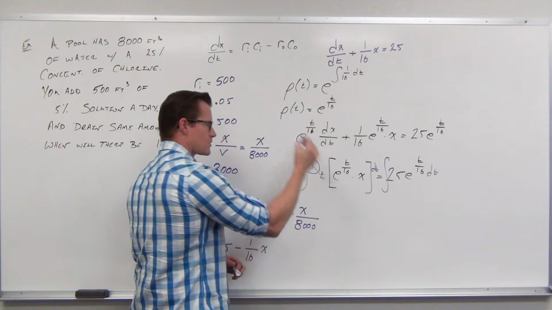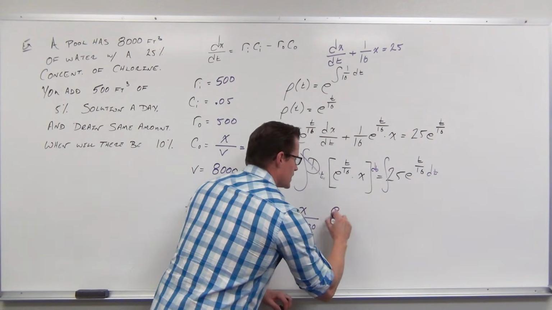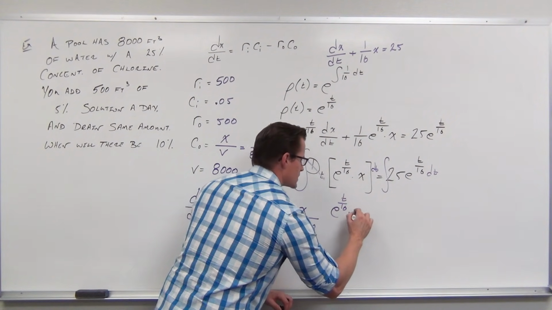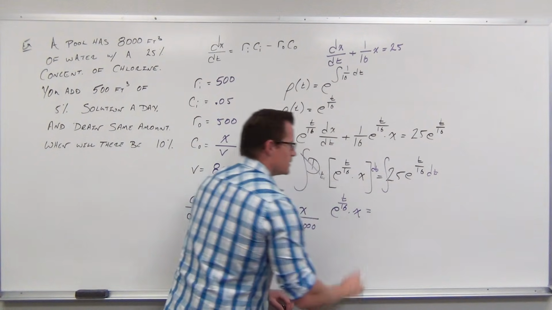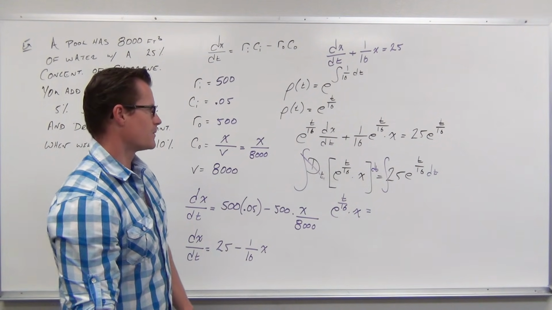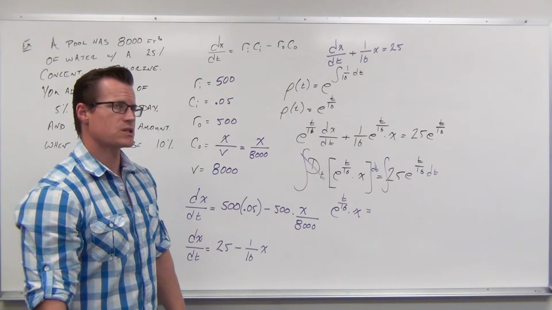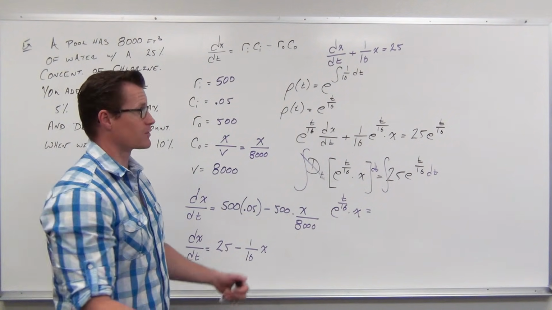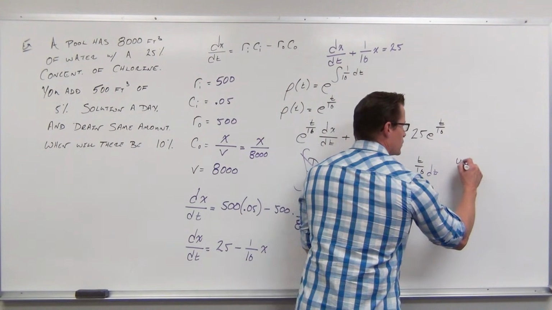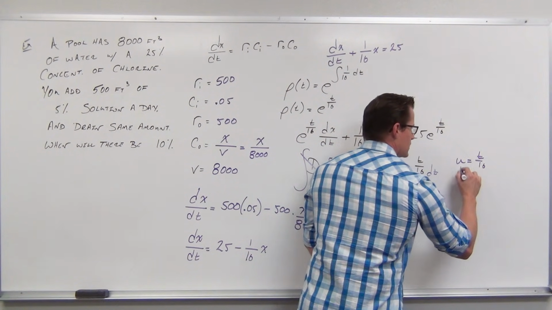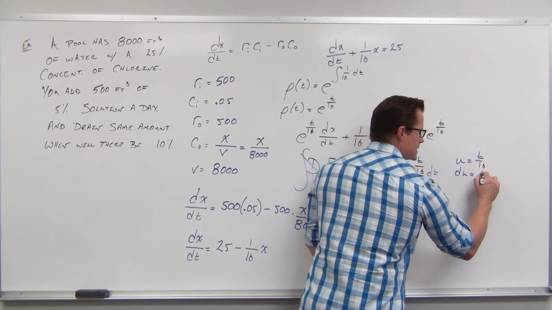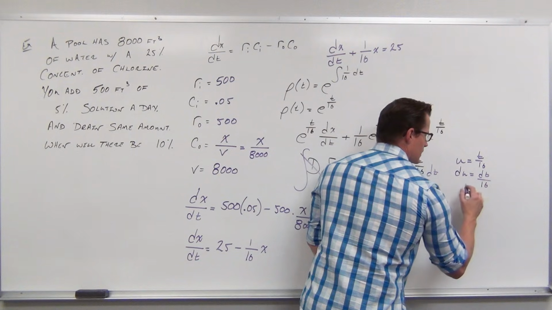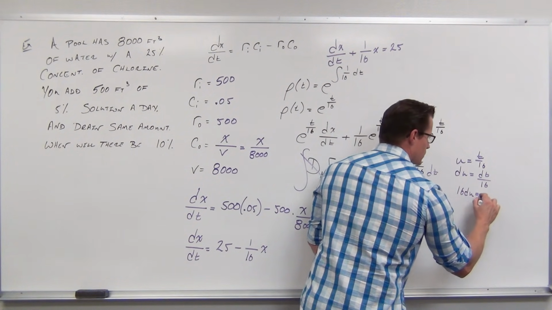On the left-hand side, integrals undo derivatives. That's awesome. We get e to the t over 16 times x equals, on the right-hand side, well, let's see, we'd have u equals t over 16. So we're going to have to multiply by 16. So if u equals t over 16, du equals dt over 16, that means 16 du equals dt.